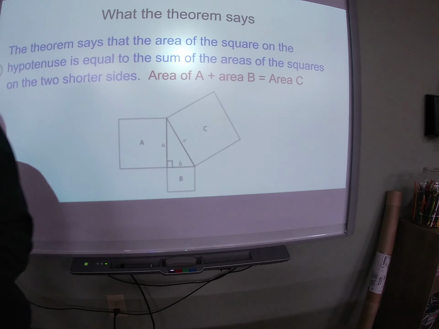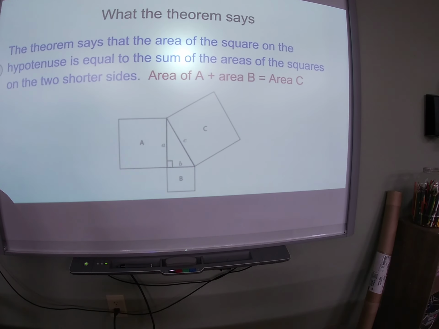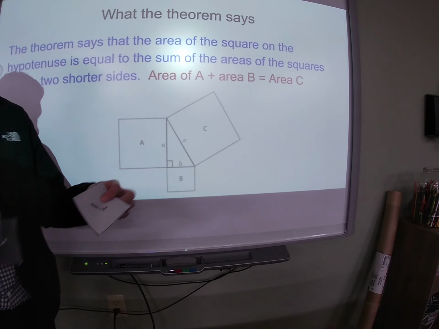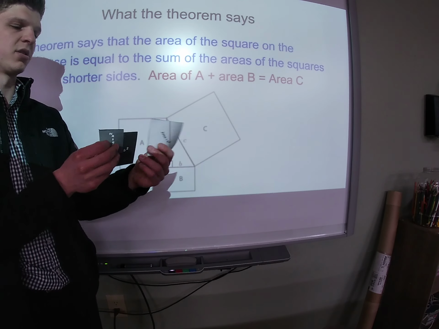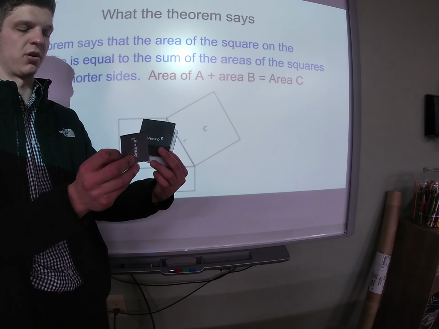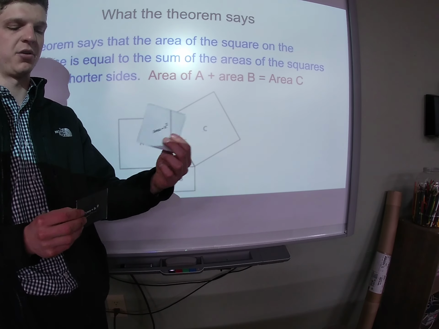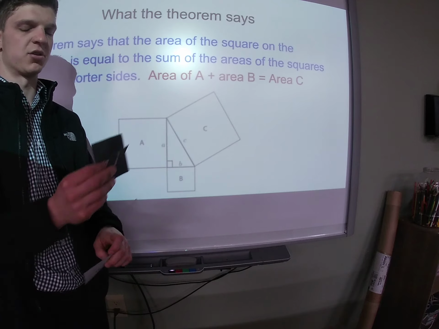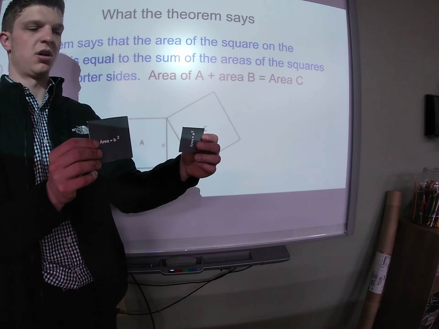And what you're going to do is cut out each of the squares. So I have the big square, the medium square, and the small square, right? So this is the square of the hypotenuse, and these are the squares of the two legs.